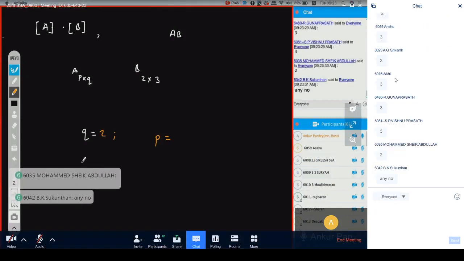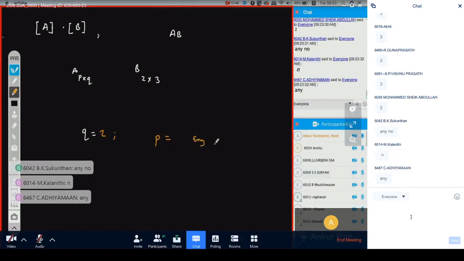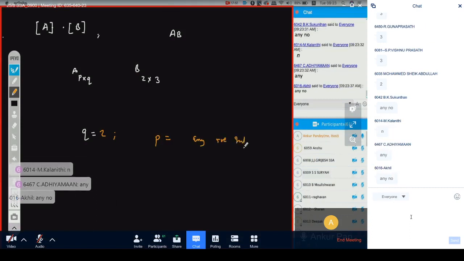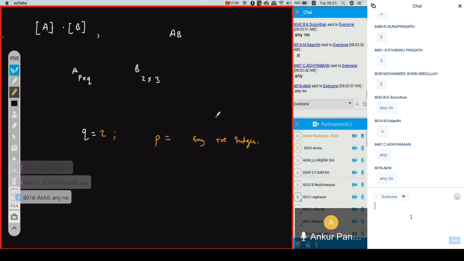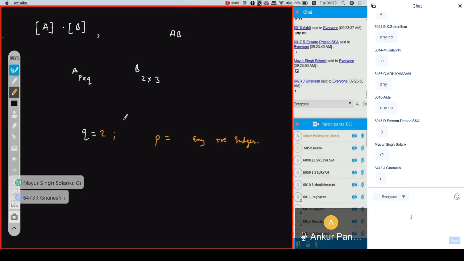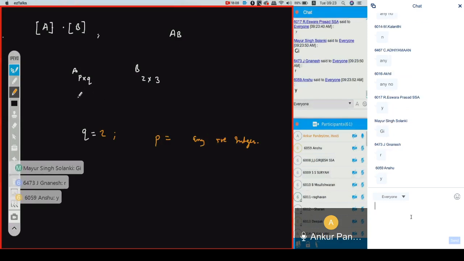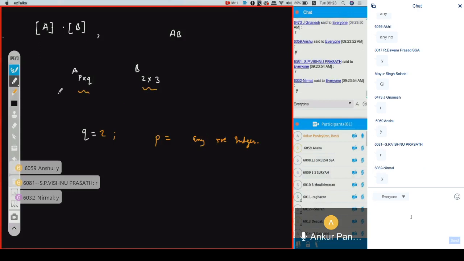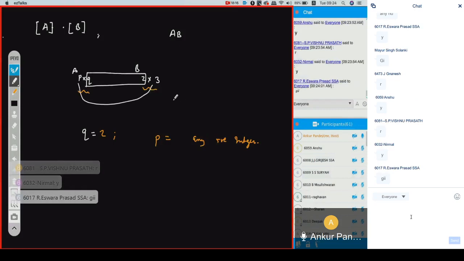P can be any positive integer, or any whole number. Not whole number, any natural number, right? In this multiplication, the mandatory thing is that these two should be equal. These two can be of any proportion, but surely P has to be a natural number. If P is not a natural number, we are not going to receive any matrices. Got it?